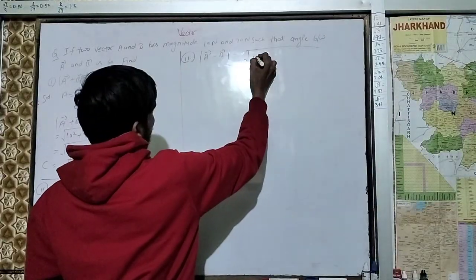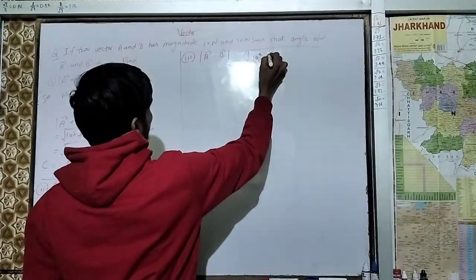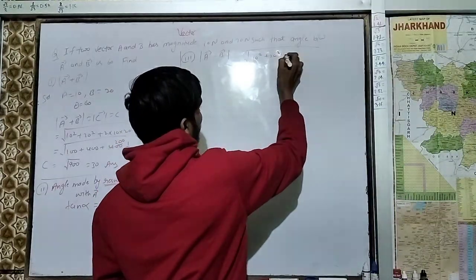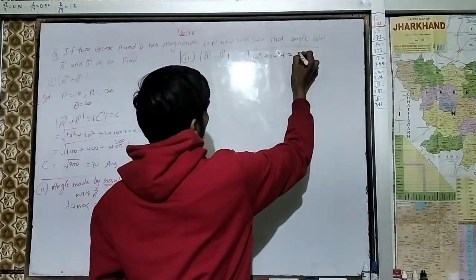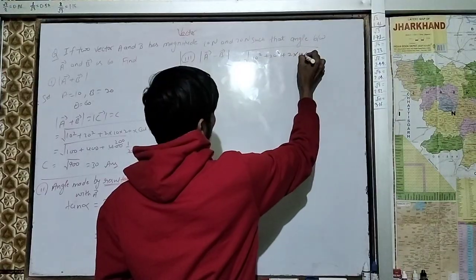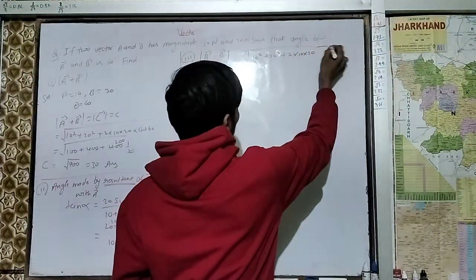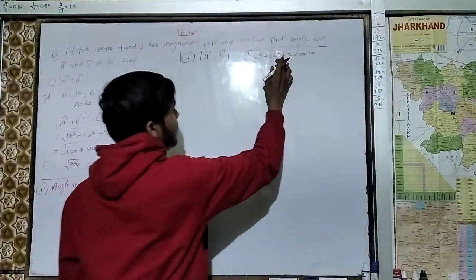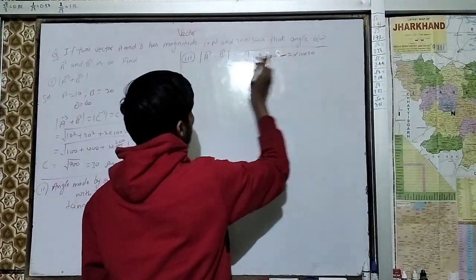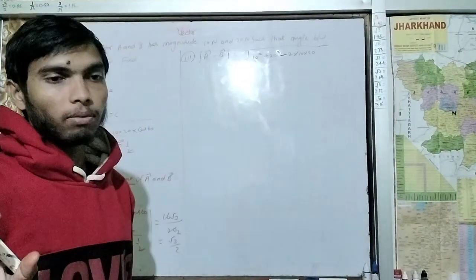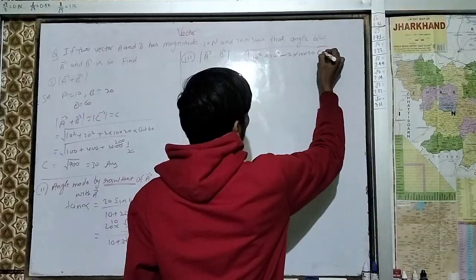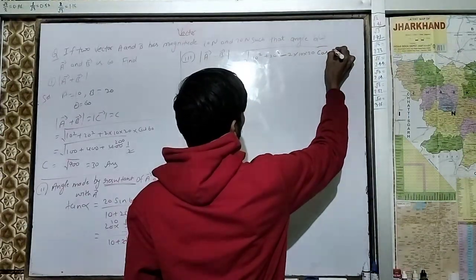A square is 10 squared, plus 20 squared, plus 2 multiplied by 10 multiplied by 20, but here this plus will become minus because we are doing subtraction of two vectors. So cos theta is 60.